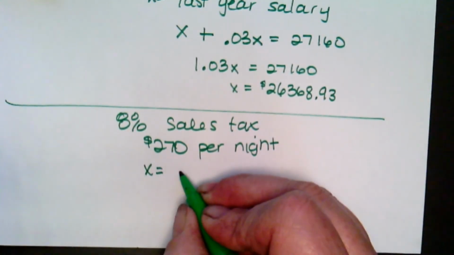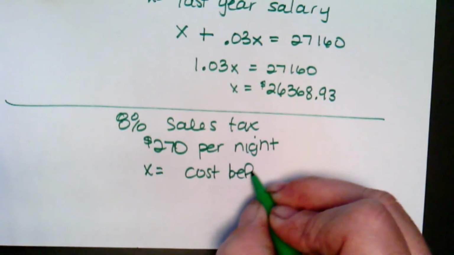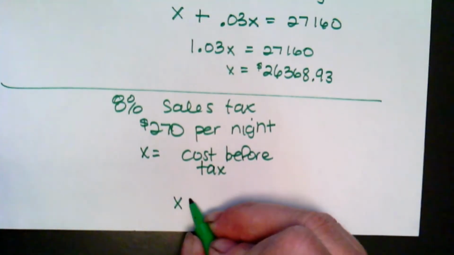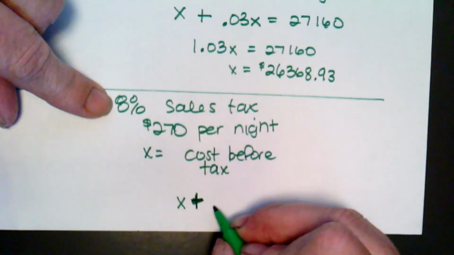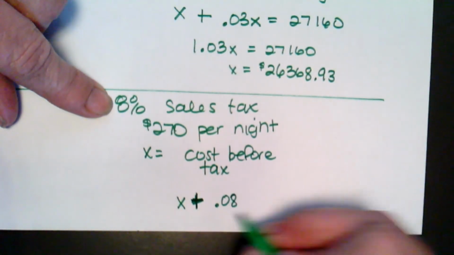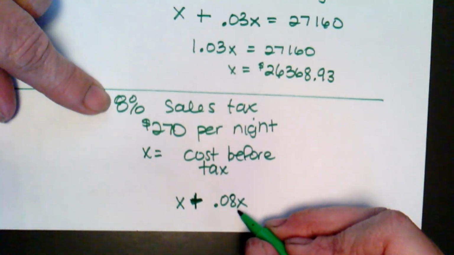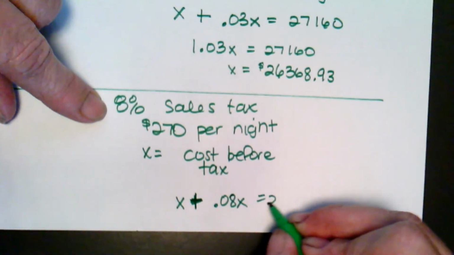So X is our cost before tax. So that's our original price, plus sales tax, which is always added, and it's always 0.08 of whatever your original cost was, equals 270.